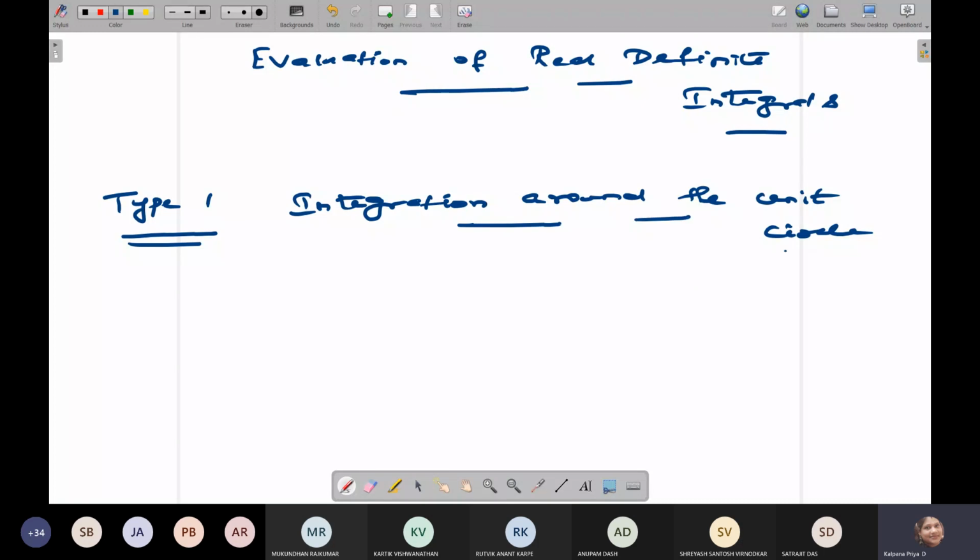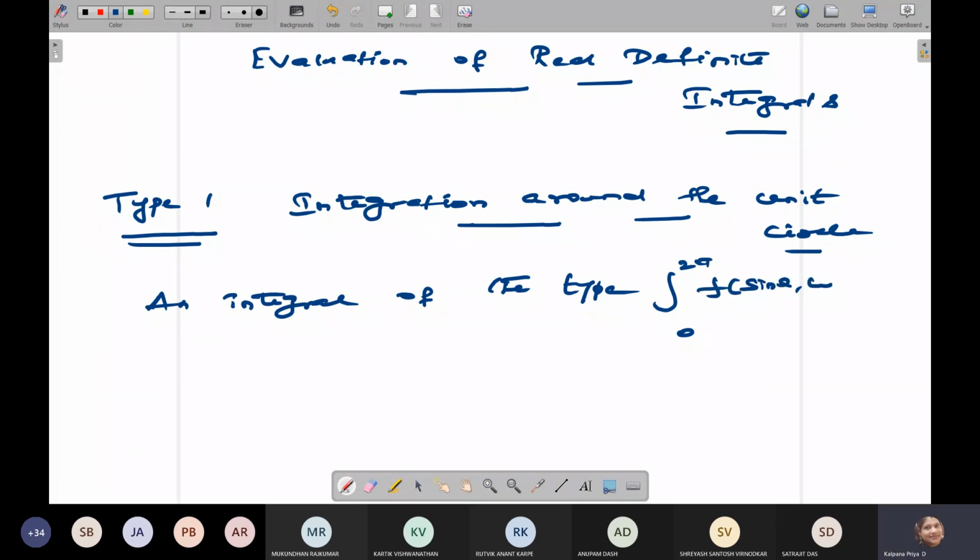Here, an integral of the type integral 0 to 2 pi f of sin theta, cos theta d theta form, where the integrand is a rational fraction of sine and cos theta.